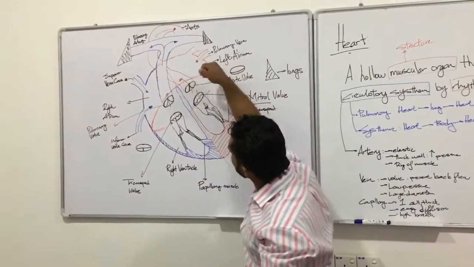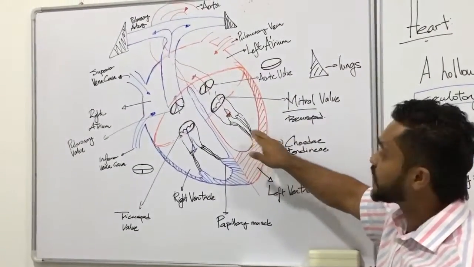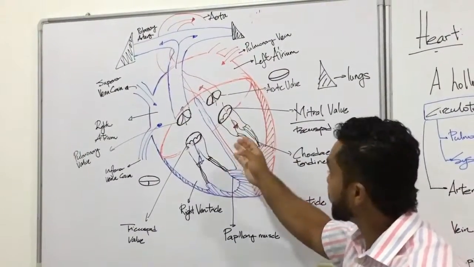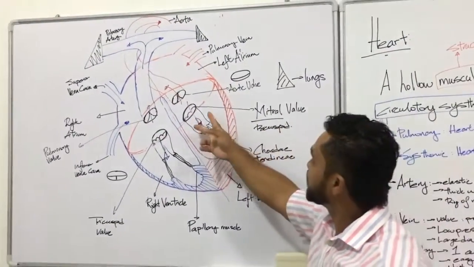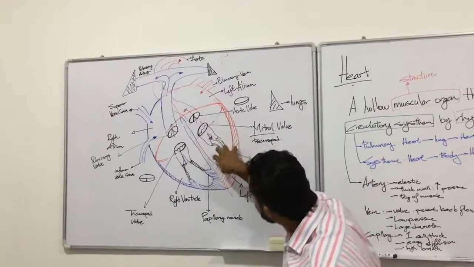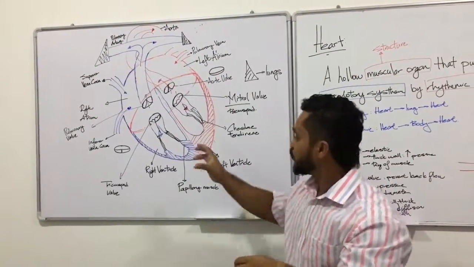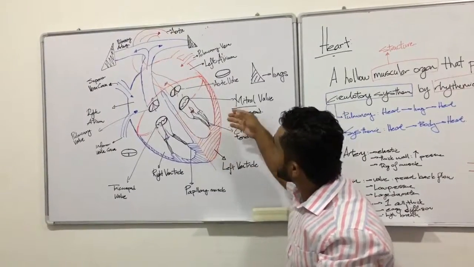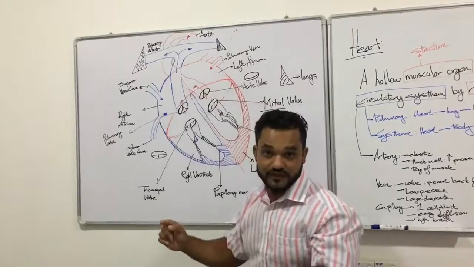When it goes for systole, the blood will push to the left ventricle. The valve will get closed to make sure that there is no backflow. What is the valve? It's called mitral valve. Now once the valve closed, the ventricle will get systole. Once the ventricle gets systole, what happens? The blood will pump to all over your body through aorta.